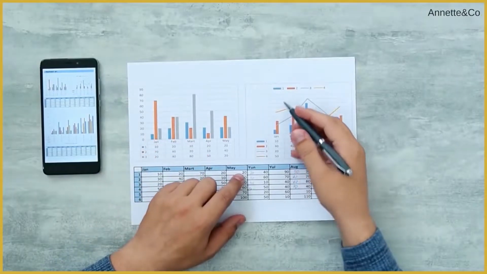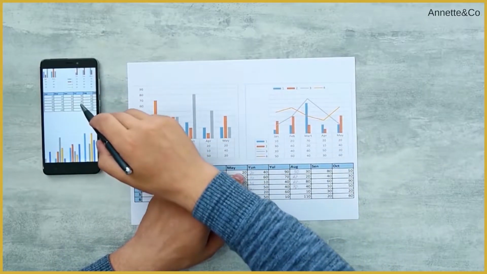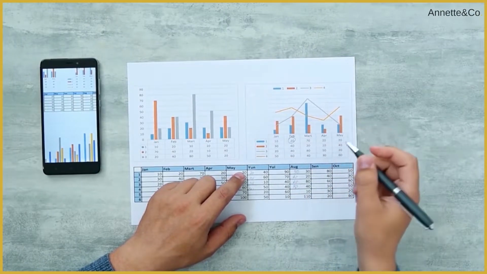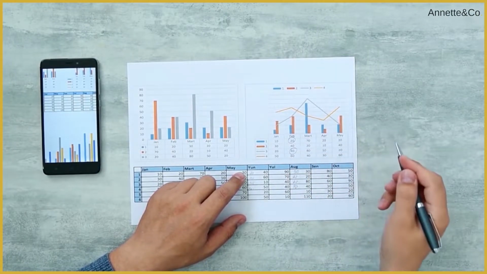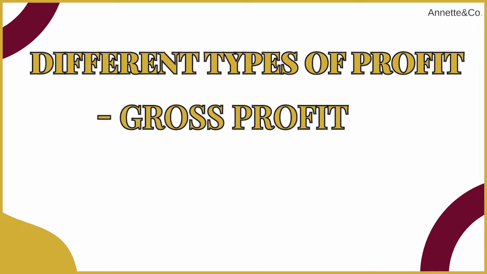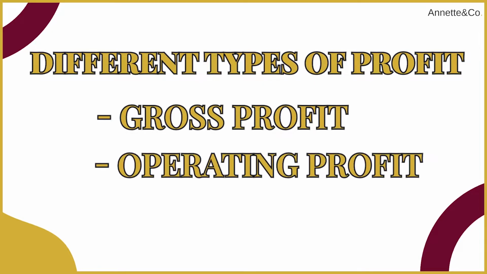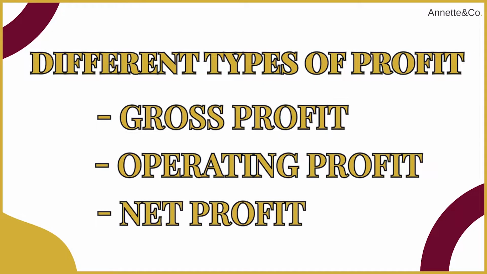Let's start with that on-paper profit, the profit that you see at the bottom of those accounts that you're given by your accountant. Well, the thing is, in those accounts, there are actually multiple different types of profit. There's gross profit, operating profit, and net profit.